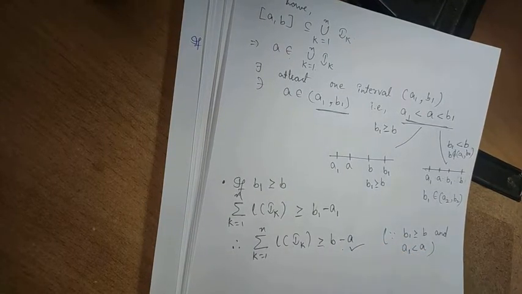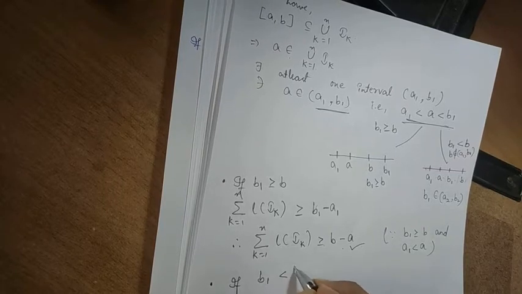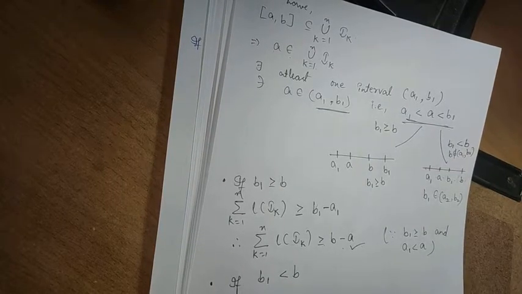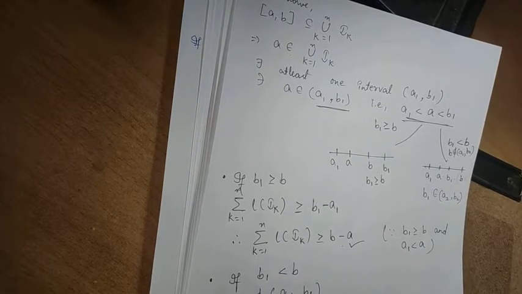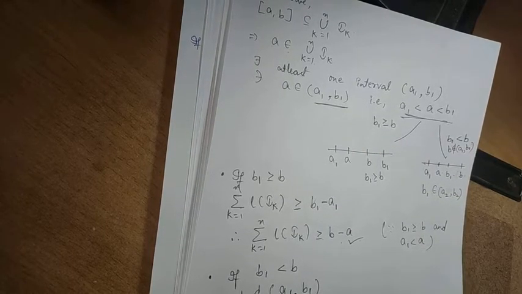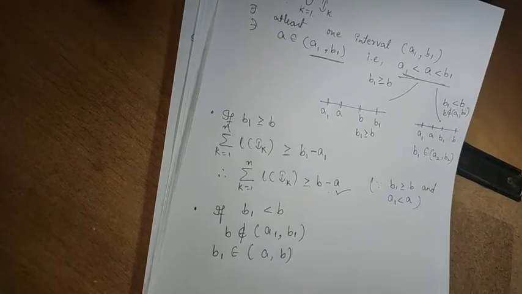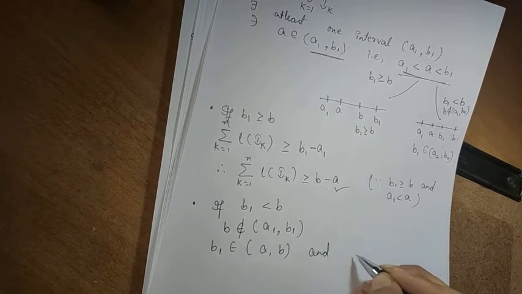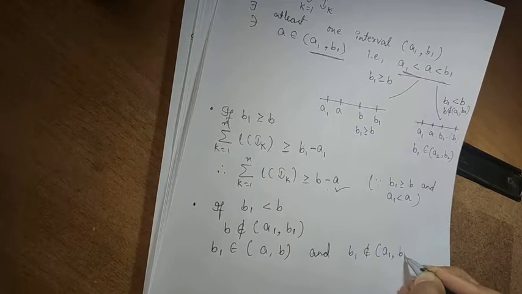So the next condition is if b1 is less than b. Then b does not belong to (a1, b1). Correct? So that means b belongs to (a, b), and b does not belong to (a1, b1).